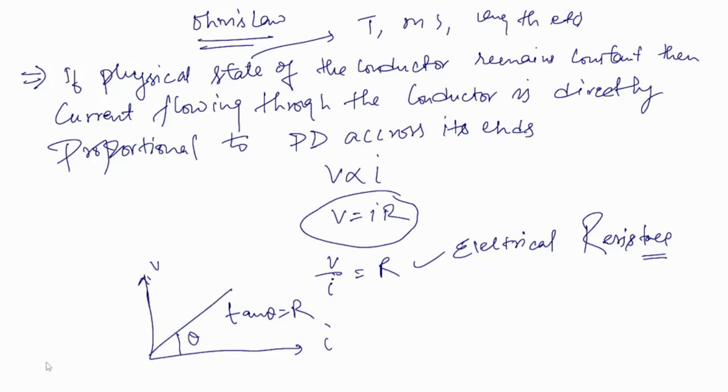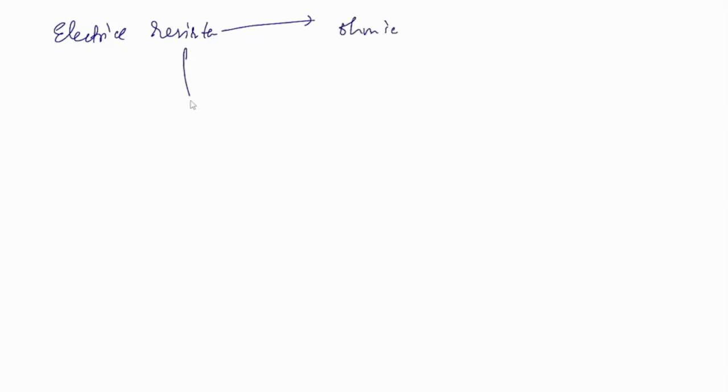Now see, electrical resistance is basically of two types. One is ohmic and another one is non-ohmic. Ohmic is what? Which obeys Ohm's law.